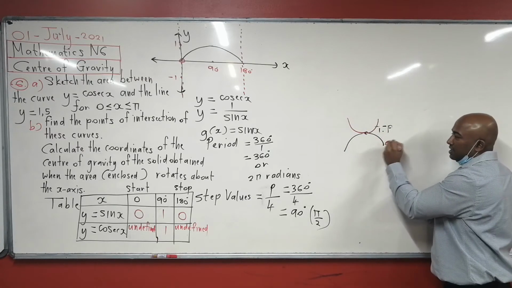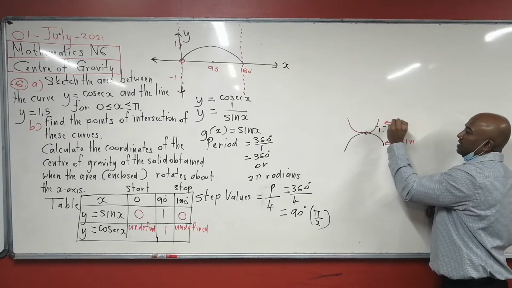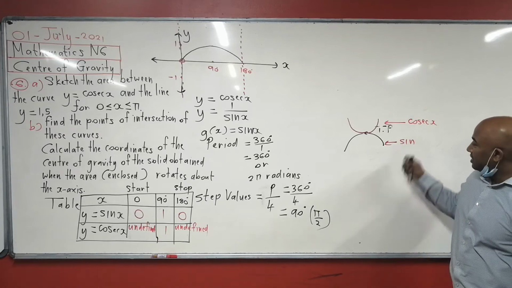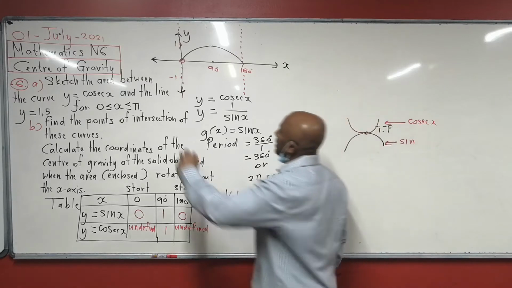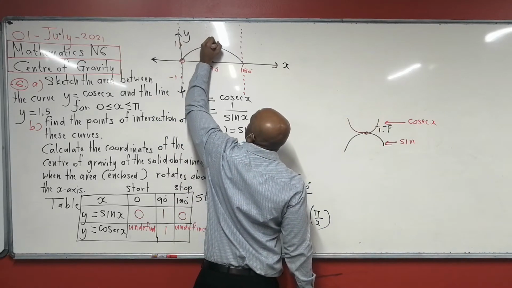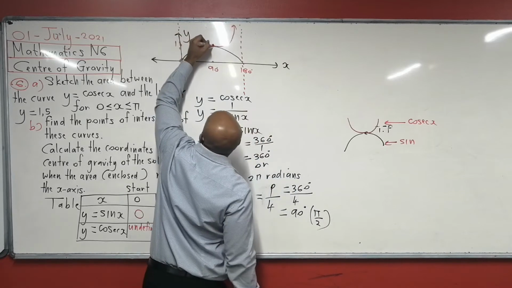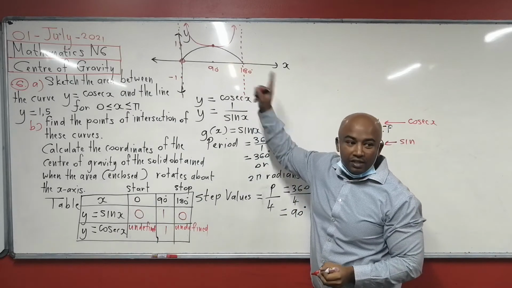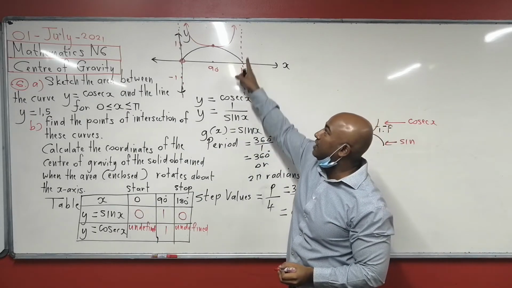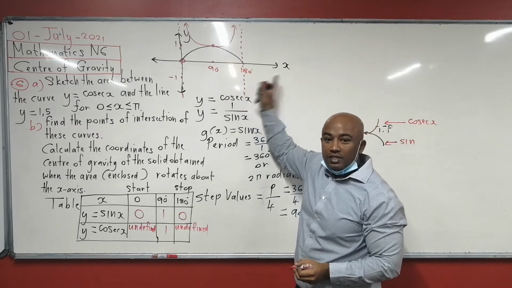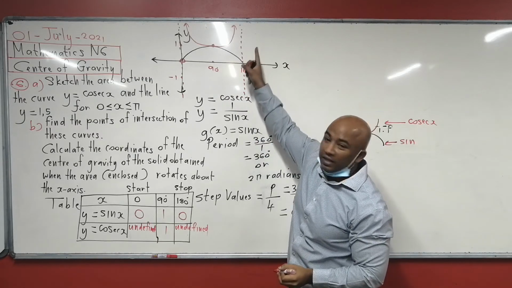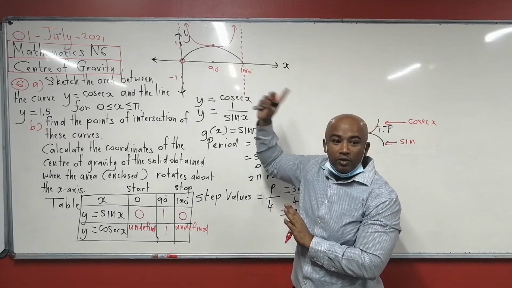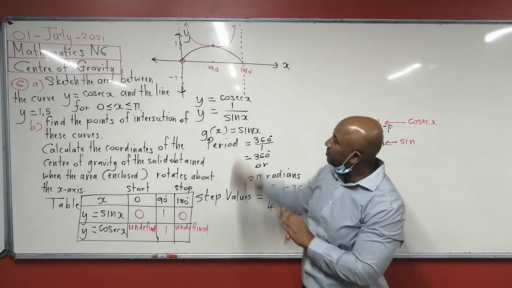So this is sine and this is cosec. Right, so this is exactly what we need to do here. So we're going up there and up here. It must not touch the asymptote because it's undefined. So as we come closer and closer to 180 degrees, the graph goes up and up. So as x approaches 180, your cosec graph approaches positive infinity.